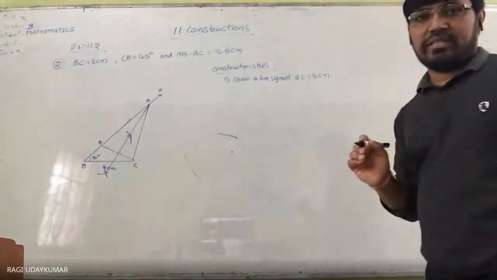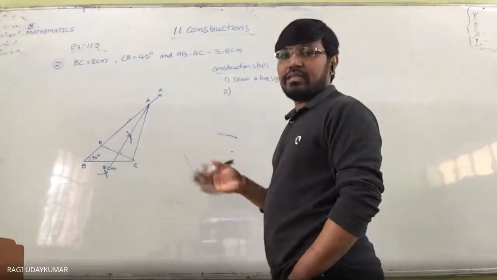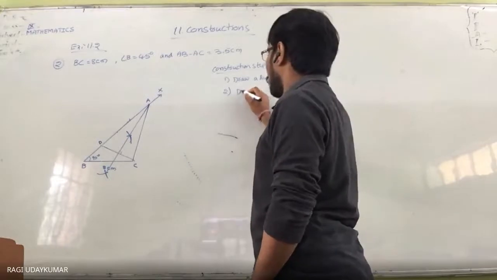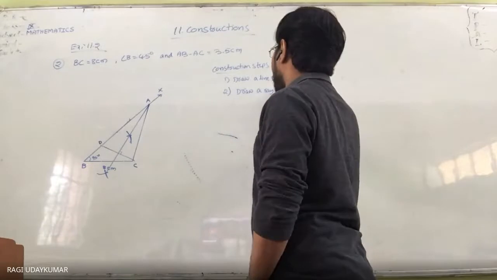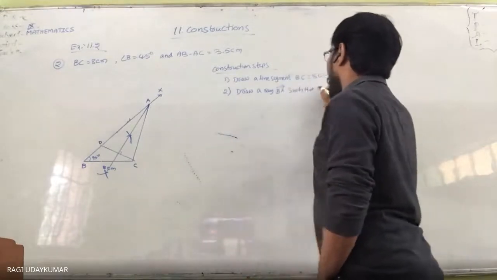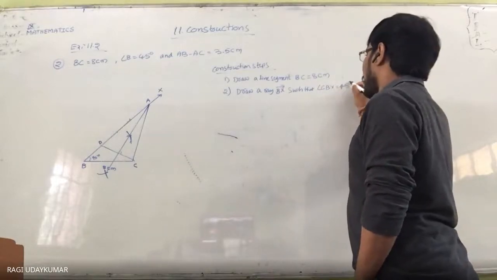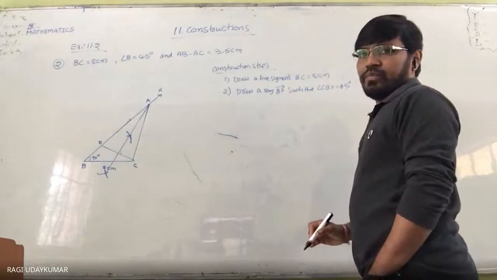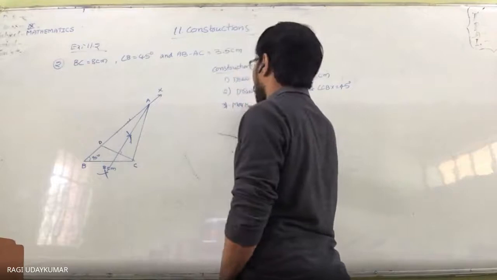Okay, simple language, simple sentences. Draw a ray BX such that angle CBX is equal to 45 degrees.